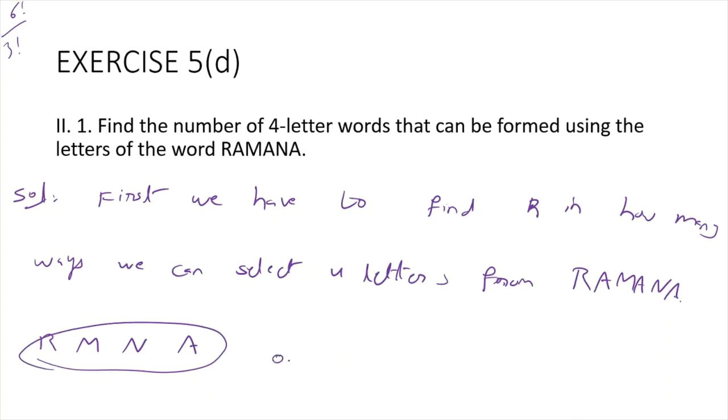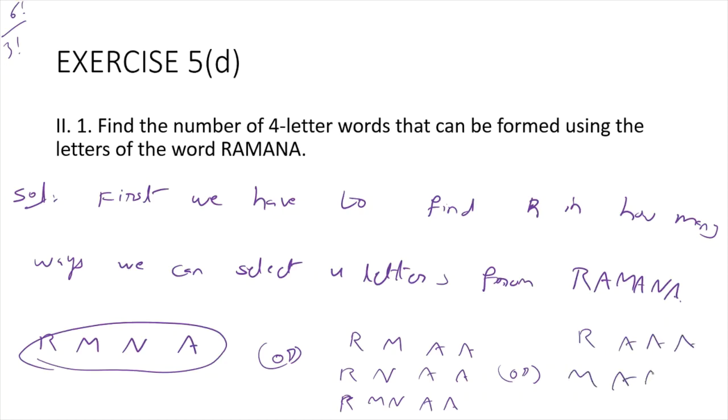Or I can write R, M, double A, or R, N, double A, or M, N, double A. I can select these 4 letters, or I can select any of these 4 letters, or I can select R triple A, or M triple A, or N triple A.